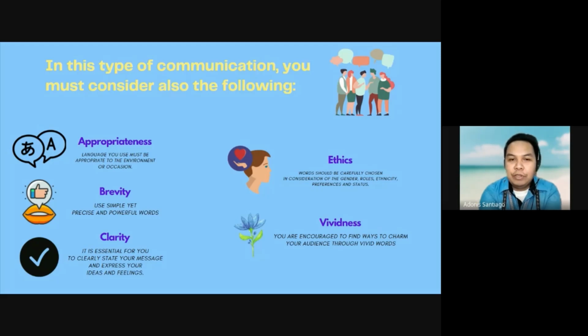You can also say that my love for you is as deep as the ocean and as blue as the skies above. That is using the beauty of literature in expressing how you feel. And this is also called the vividness in the process of communication.